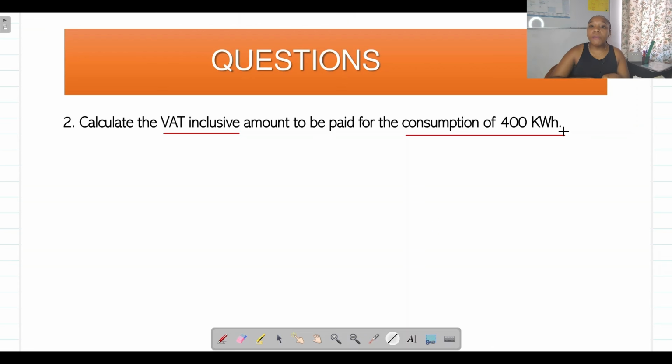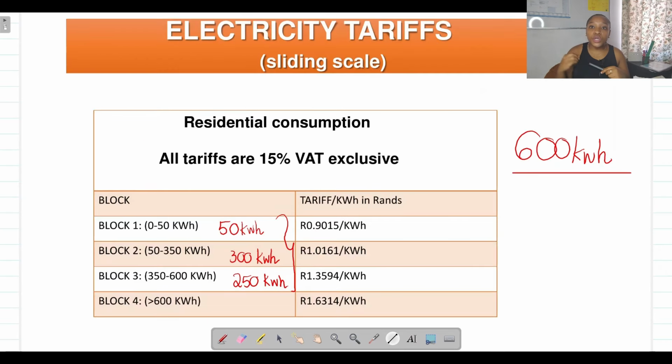First, calculate how much you would pay for the 400 kilowatt hours of electricity excluding VAT. Remember, this table that was given to us excludes what? Our VAT. Okay, so let's first calculate how much you would pay. And then, once we've got how much you'd pay for the 400 kilowatt hours of electricity excluding VAT, we are going to add our 15% VAT.